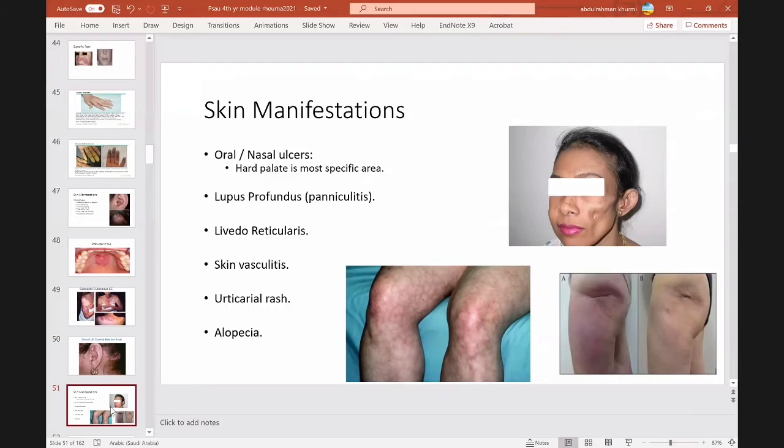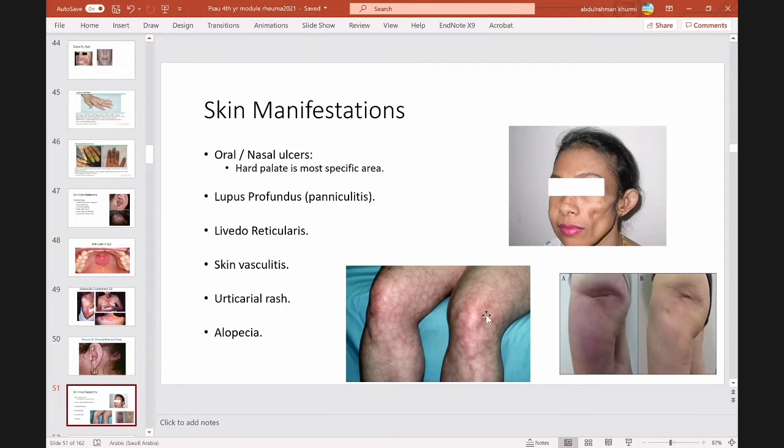What is this? Panniculitis, maybe, doctor. Part of it. So it's skin manifestation of lupus: ulcers, lupus profundus, and this is what we call livedo reticularis. It can come with lupus and with antiphospholipid syndrome.